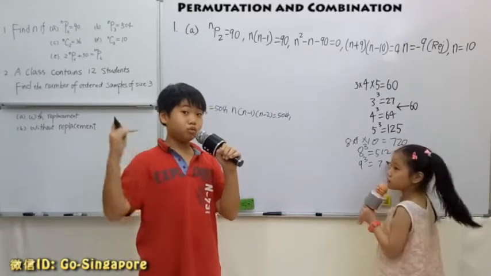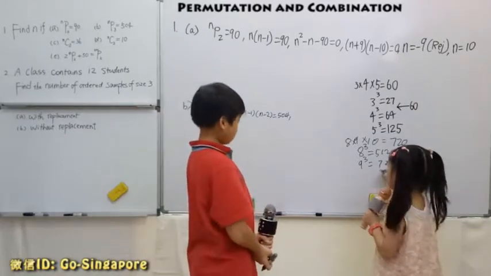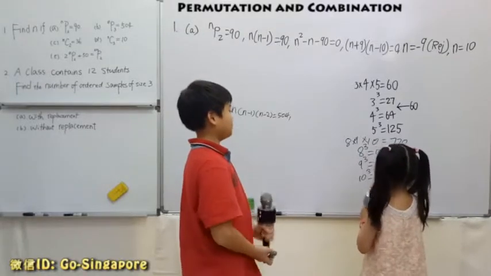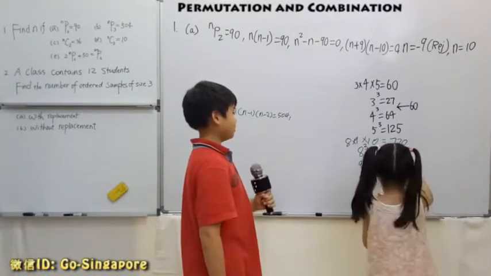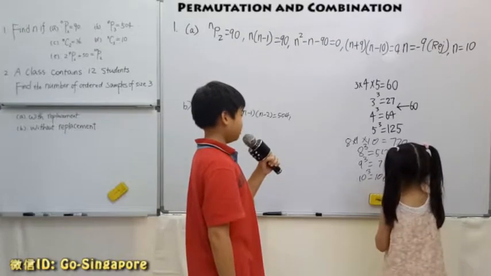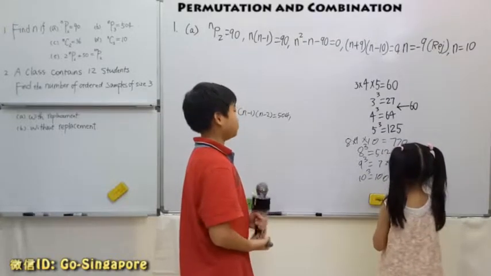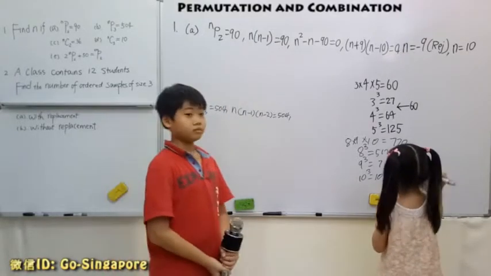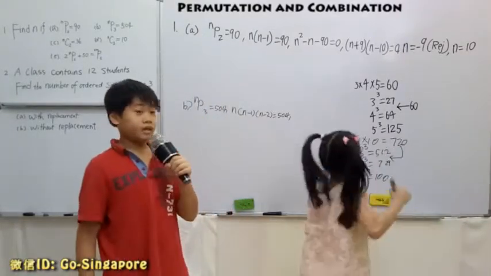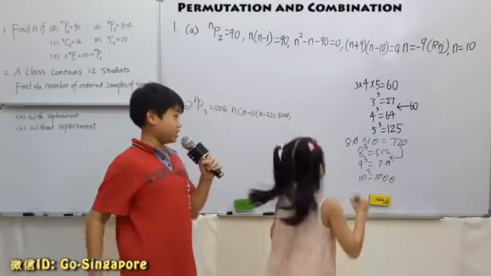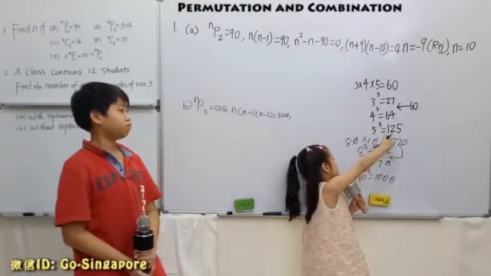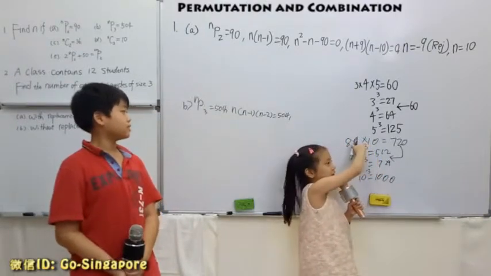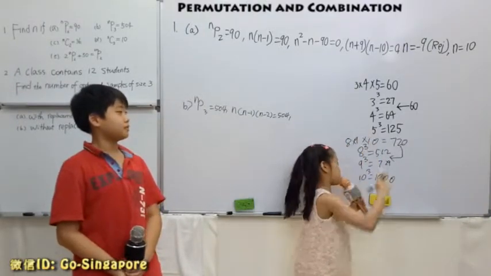Yes, this is 729. So 10 cube will be the easiest: 1000. So like this, this is bigger because of the middle number.